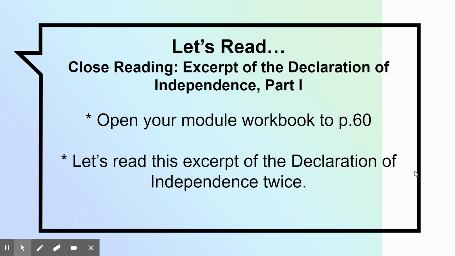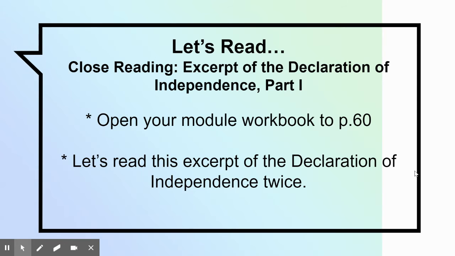So module workbook, page 60, it says, "We hold these truths to be self-evident, that all men are created equal, that they are endowed by their Creator with certain unalienable rights, that among these are life, liberty, and the pursuit of happiness, that to secure these rights, governments are instituted among men, deriving their just powers from the consent of the governed, that wherever any form of government becomes destructive of these ends, it is the right of the people to alter or abolish it and to institute new government."